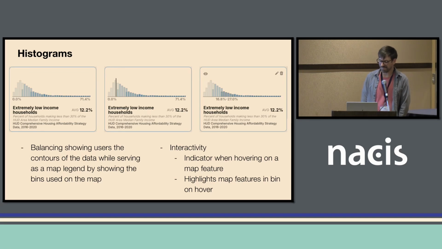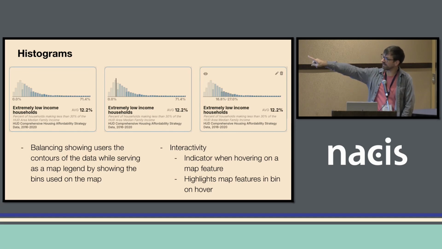So we do that. But they're also acting as the map legend when you're looking at one variable. There's not any other indication of what the map bins are. And we provide some affordances for interactivity with both the histogram and the map.